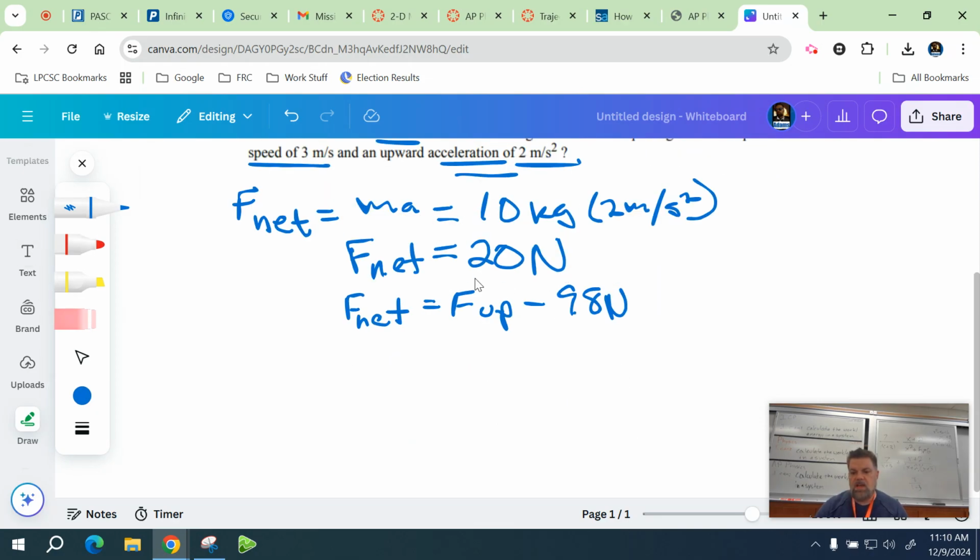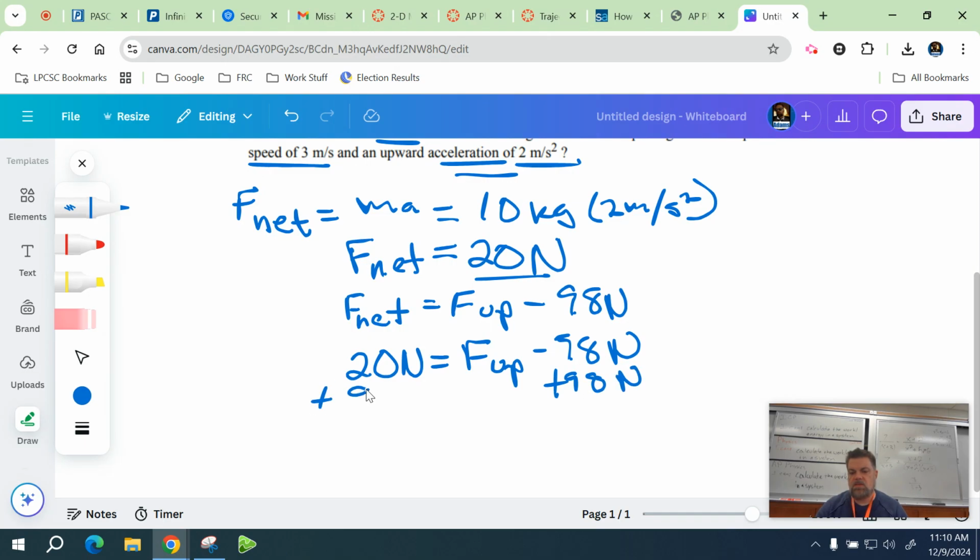Well, we know that the net force is 20 newtons, so we have 20 newtons equals the force going up minus 98 newtons. So we can solve what that actual force is, going up, which is 118 newtons.